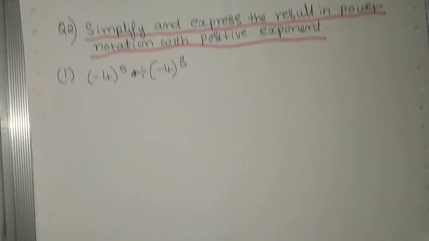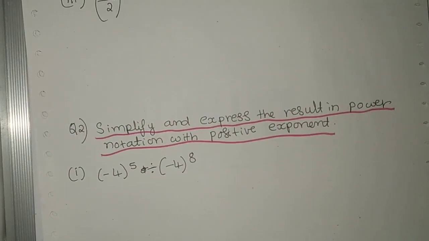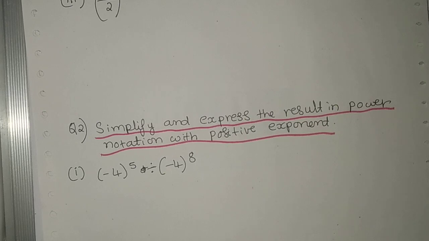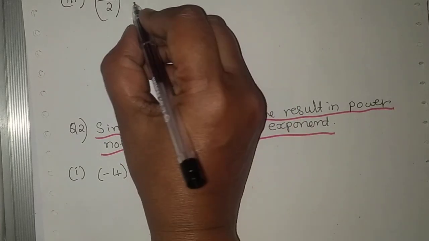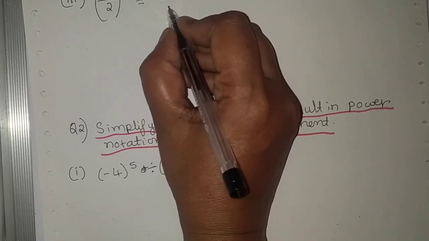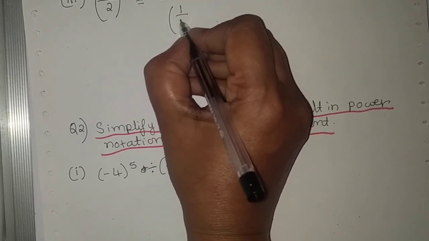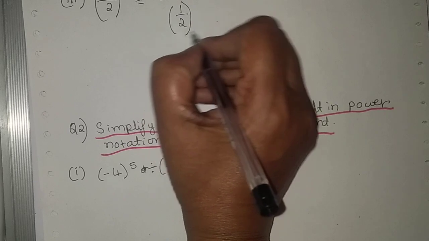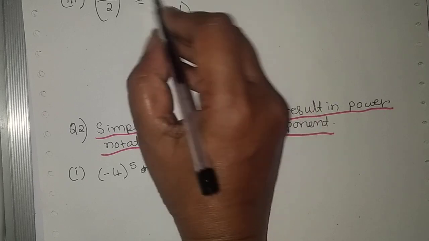Now we move on to the third one. Third one is 1 by 2 to the power of minus 5. Now what we do: take this whole 1 by 2 to the denominator. This one is numerator, this is denominator.